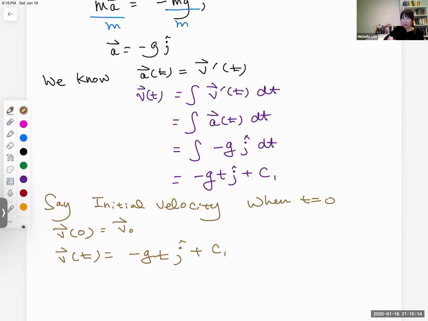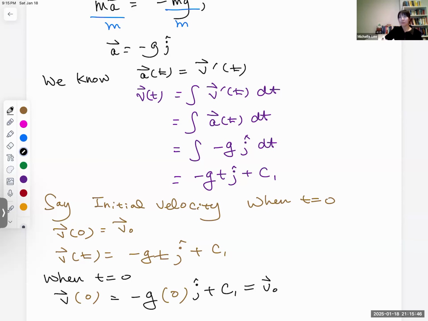All right, then when t equal to 0, v of 0 equal to negative g times 0 plus c sub 1, which gives us the name v naught, right?